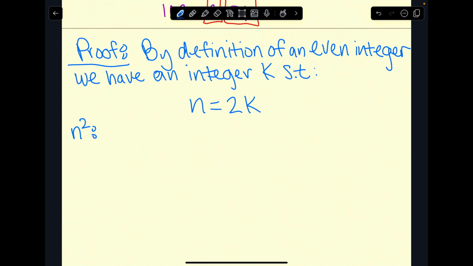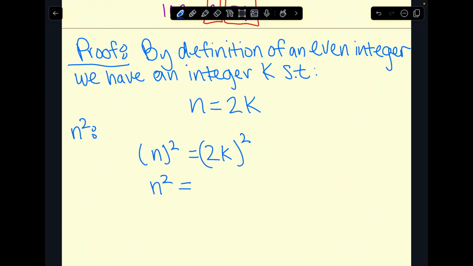If you say square both sides, you're absolutely correct. So to find n squared, we're just going to square both sides and simplify such that we have n squared on the left and 4 times k squared on the right.